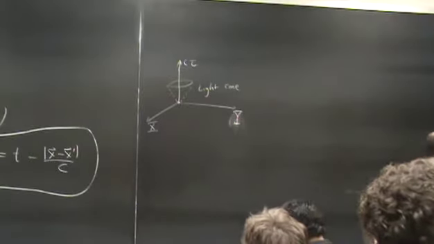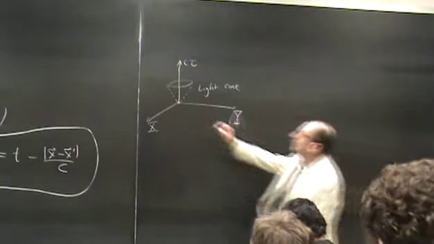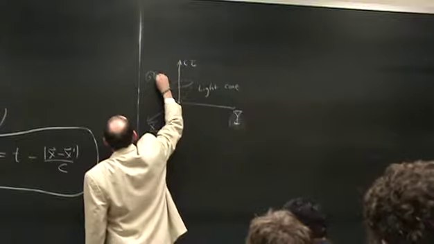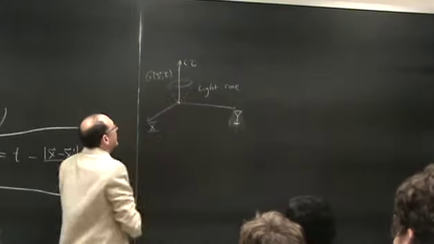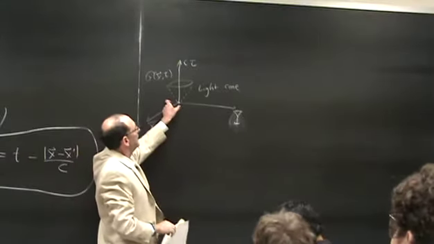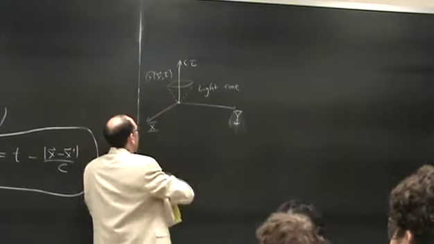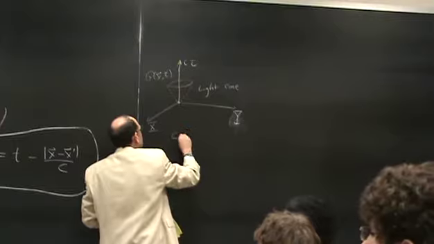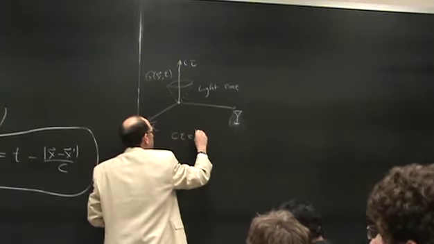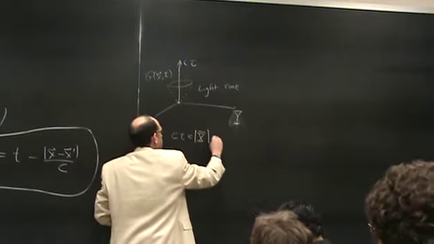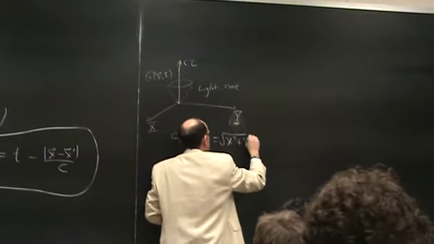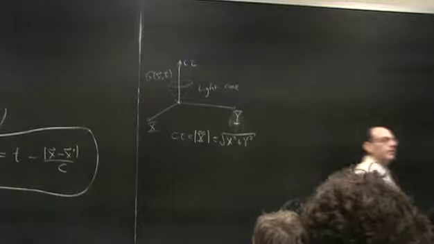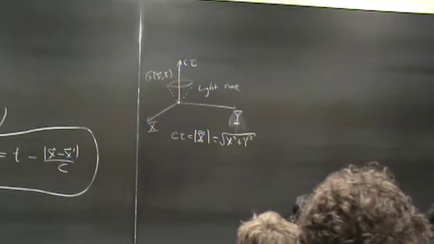That is to say, the Green's function is non-zero only when ct is equal to the magnitude of x, which in 2D is the magnitude of x squared plus y squared.